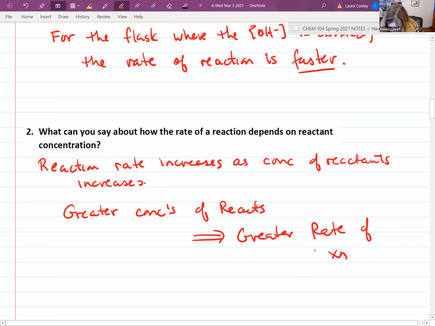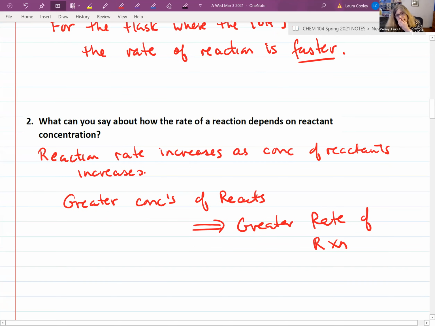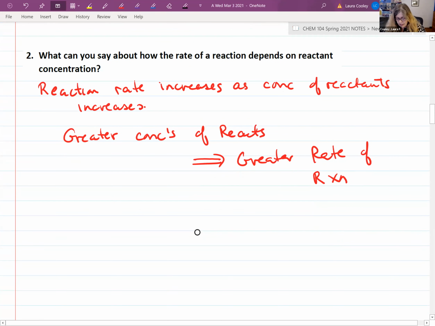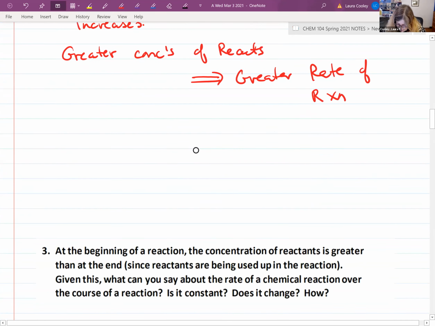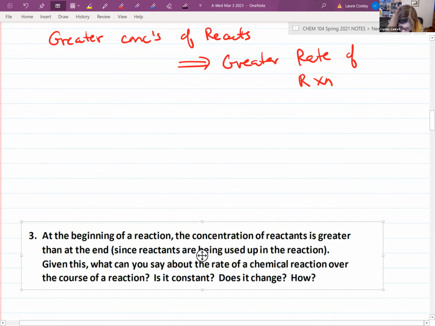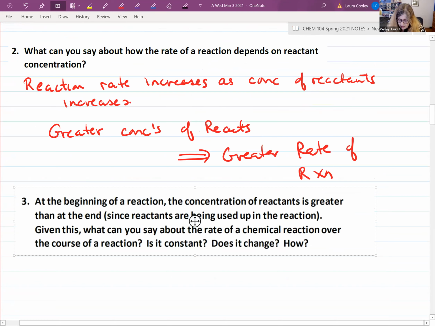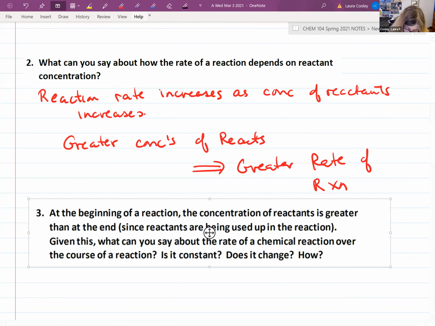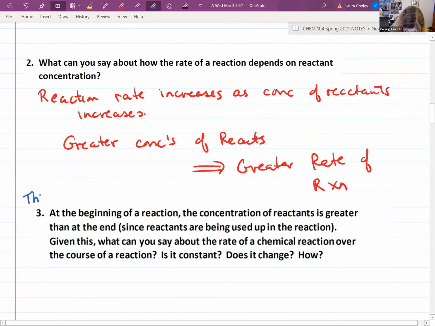But I'm going to use this reaction to think about something a little harder. This is more of a thought question. We know reaction rate increases with concentration.